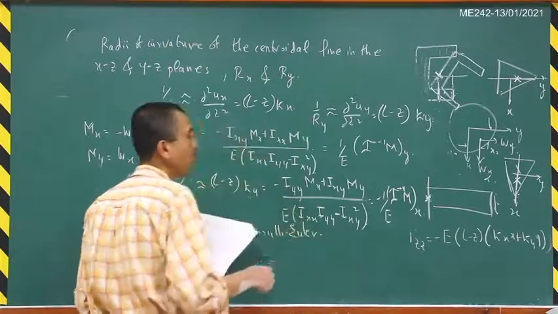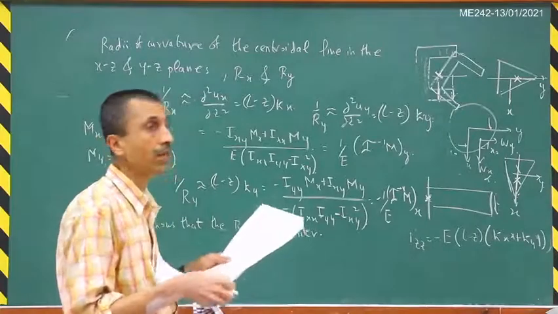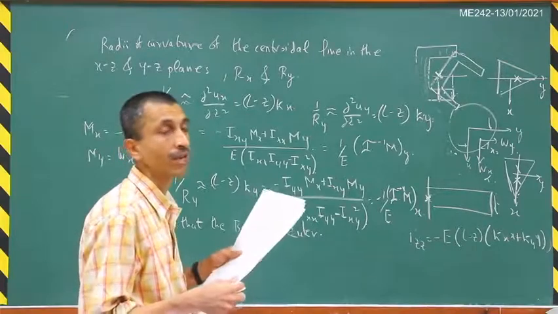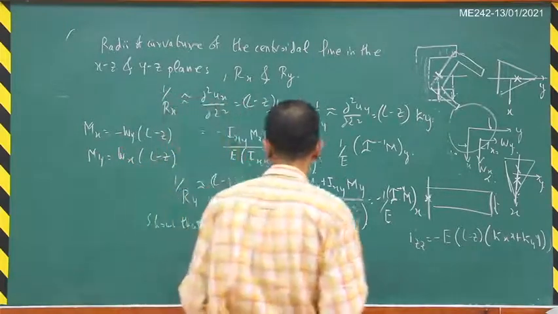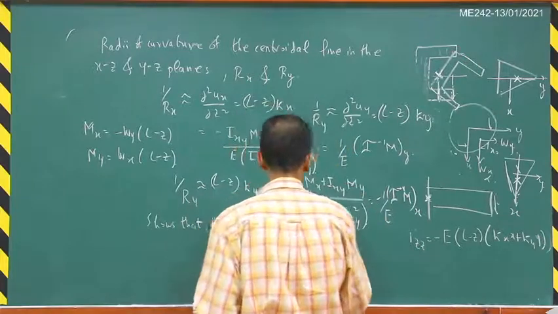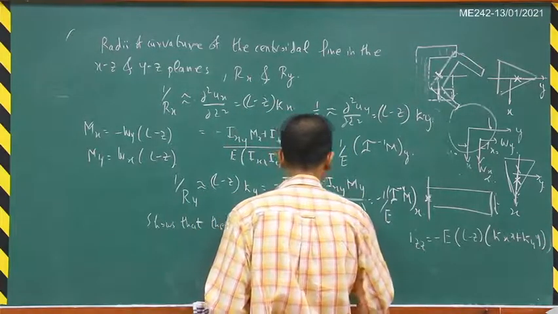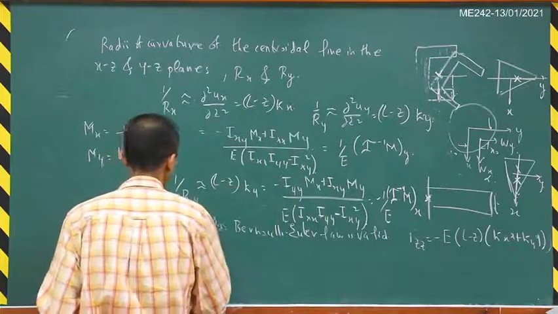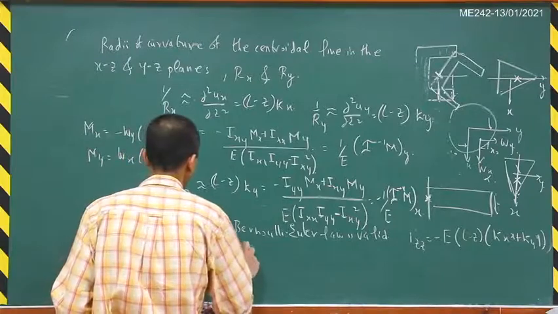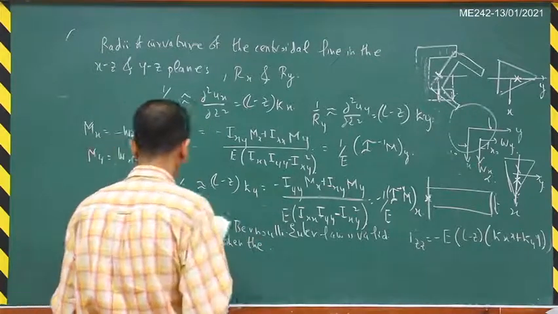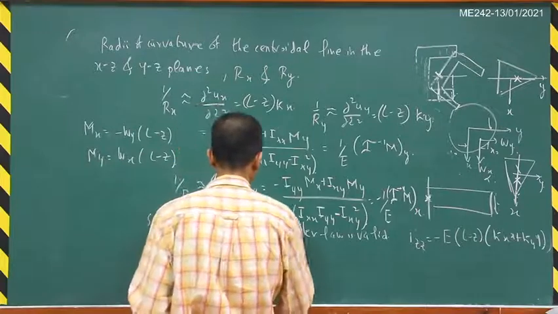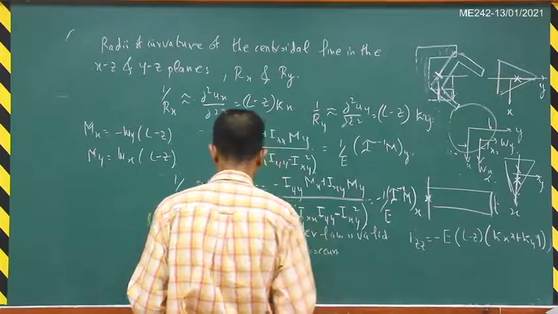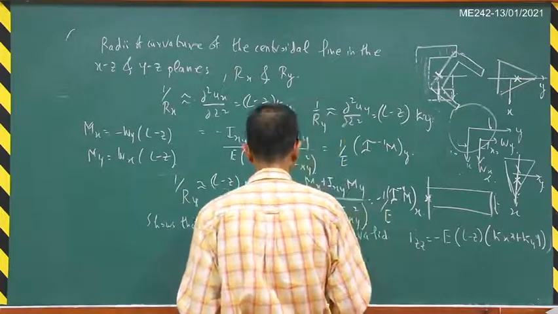This Bernoulli-Euler law we had done in the case of pure bending. So that same law is valid even when the bending occurs due to terminal loads. So that is what it says.